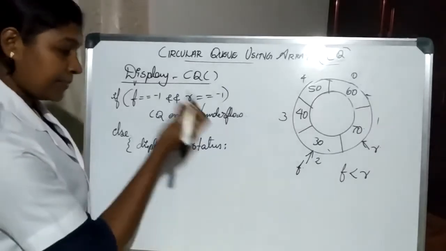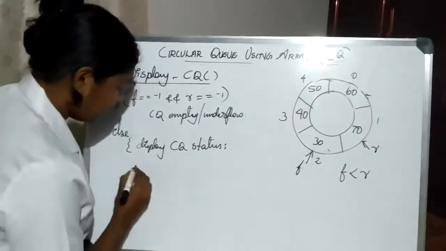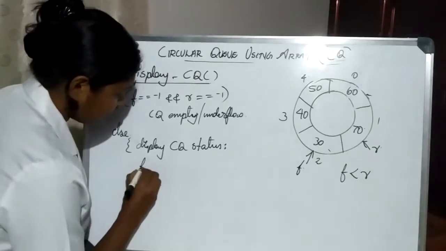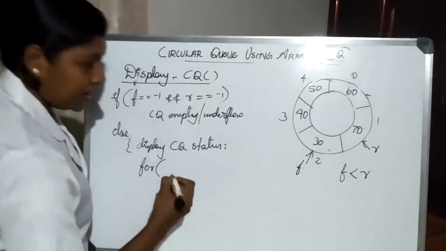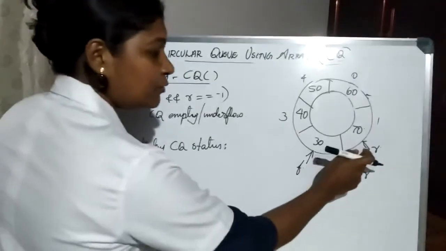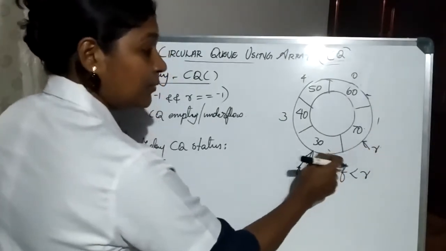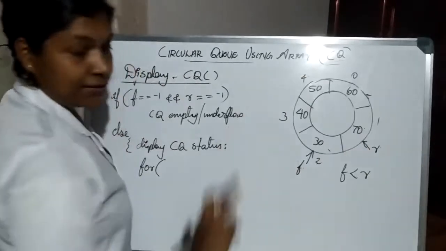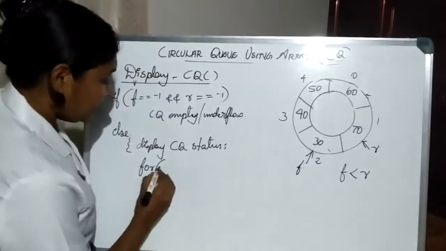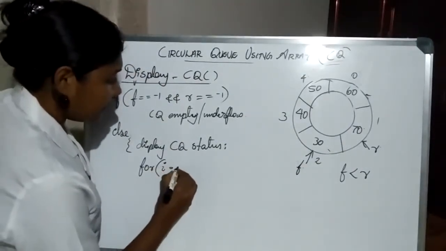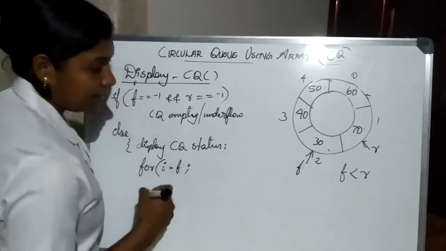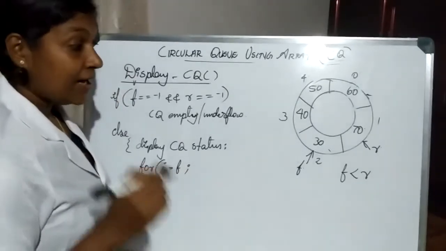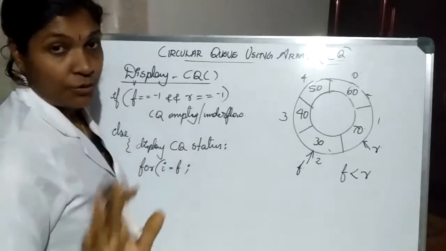Then we are about to provide the loop. Anyways, we are supposed to move from front to the rear pointer. So for I equal to front, what is the condition we can give? I less than rear doesn't work.